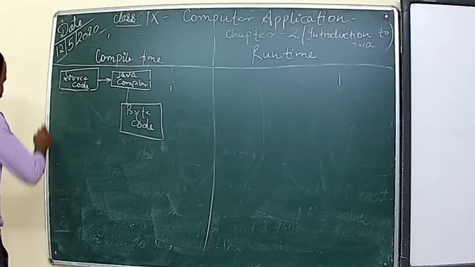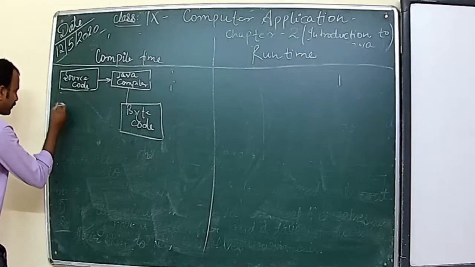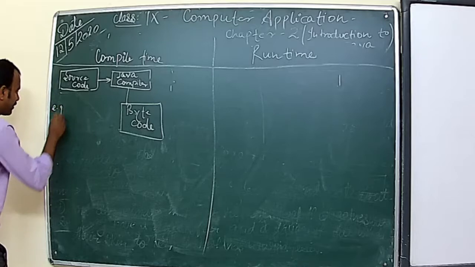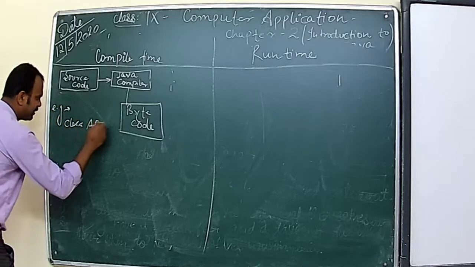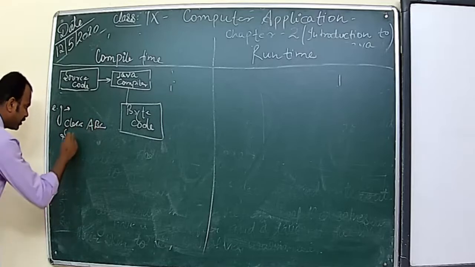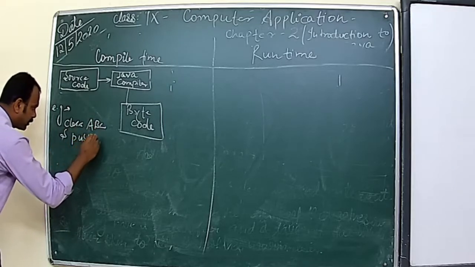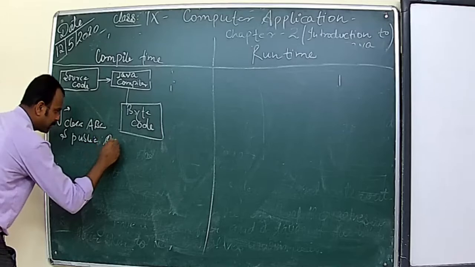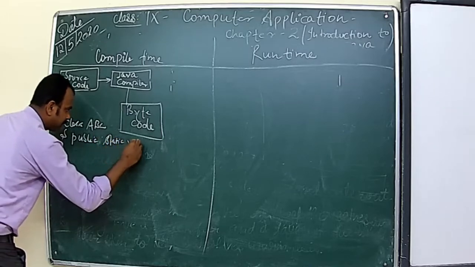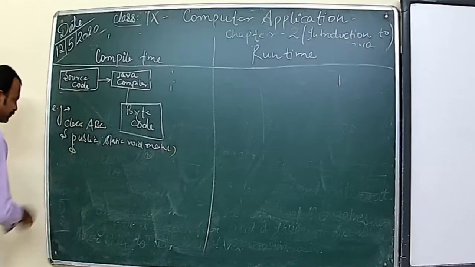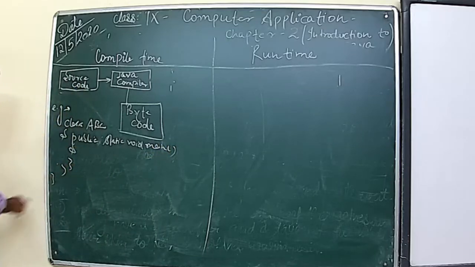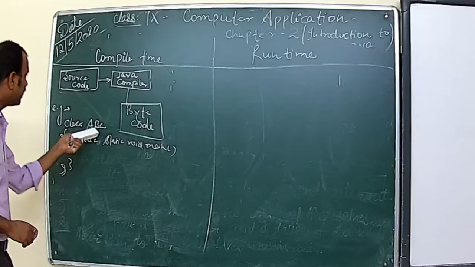Suppose, for example, I write a class ABC with public static void main. Let's take the simplest example. The class name is ABC.